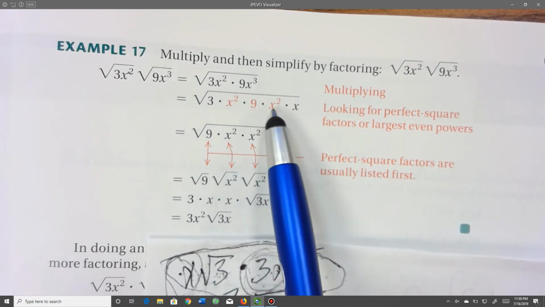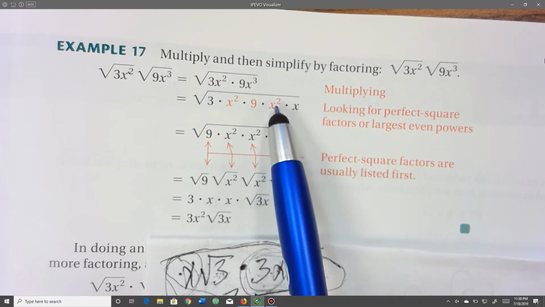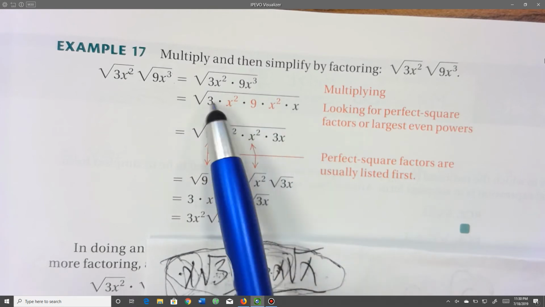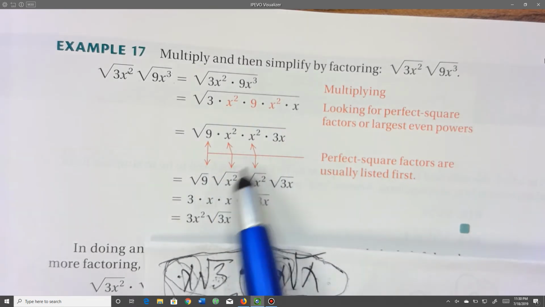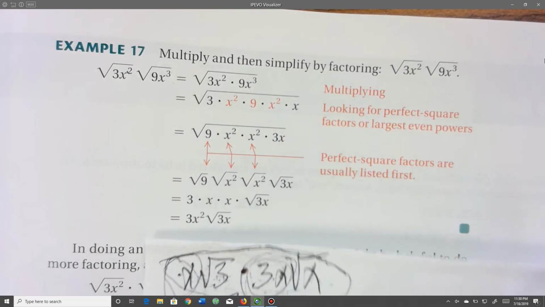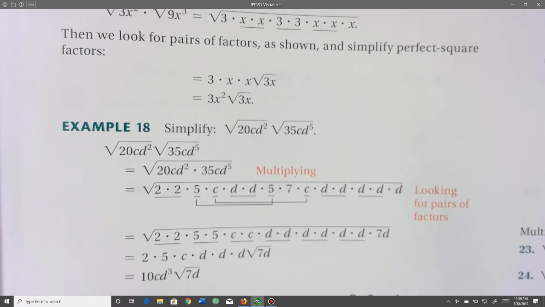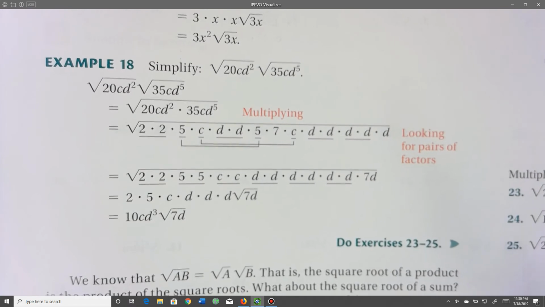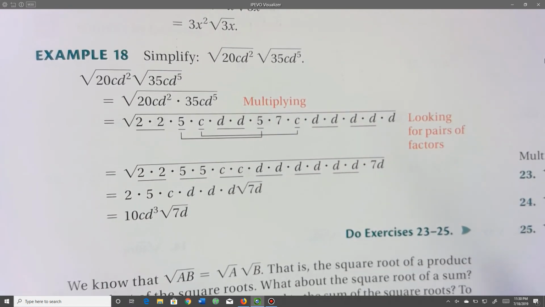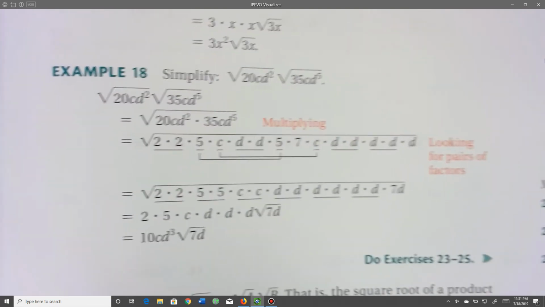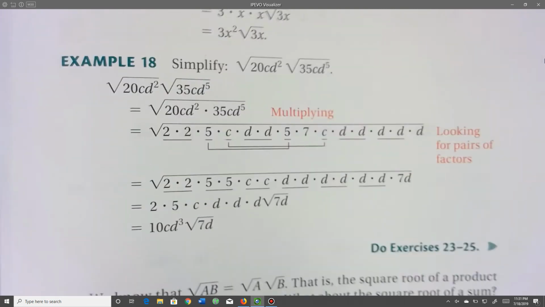What did they do? They did exactly the same thing we did, except they did it inside the radical sign. Let's see if they have a different scenario here, because that wasn't much different from the way we did it.